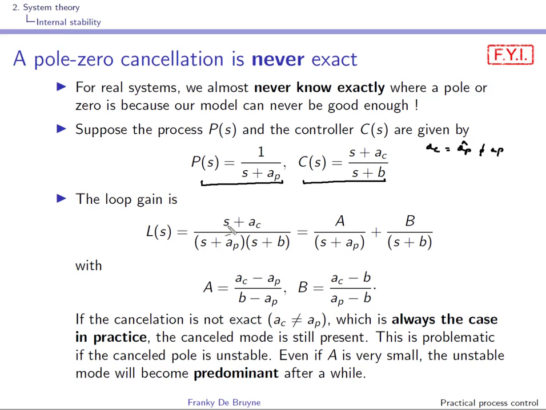So if you write the loop gain, this is what you obtain, and what you can do is the partial fraction expansion.